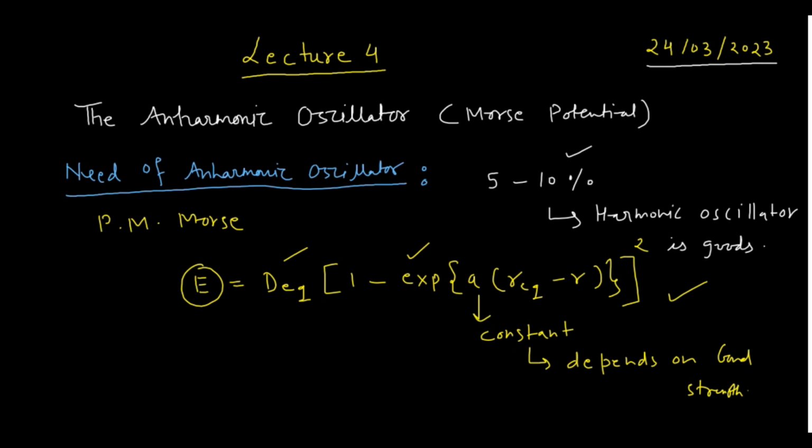Okay, now for real molecules we need the anharmonicity. If this Morse potential equation is used in the Schrödinger wave equation, then the pattern of the allowed vibrational energy levels is found to be like that only, right?